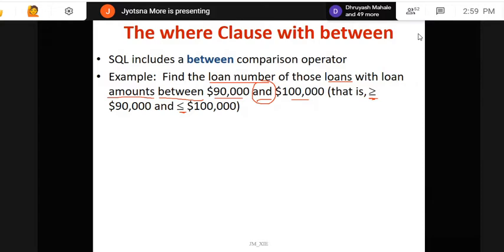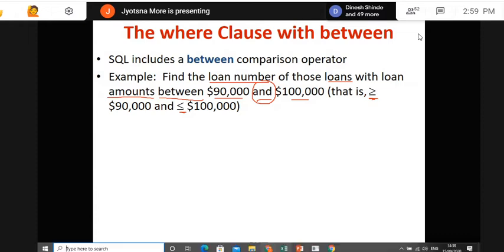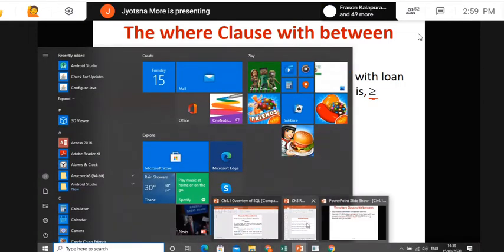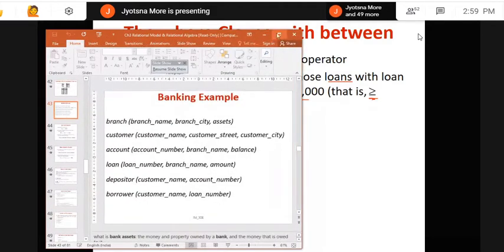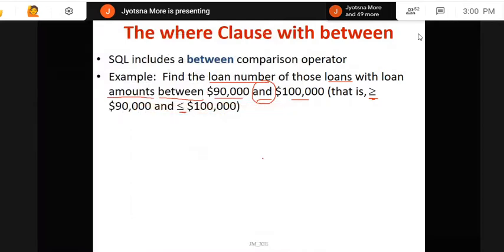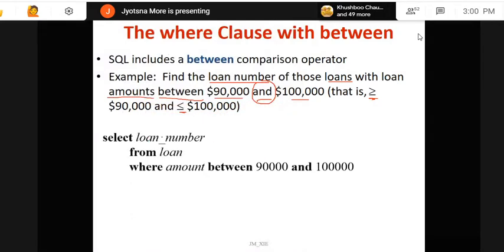Loan number and loan amount, both attributes are present in the loan relation, so I require only one relation, that is loan. So I will write select loan number, as they have asked, from the table loan, where amount between initial value and last value.